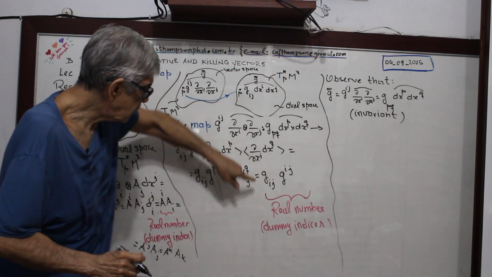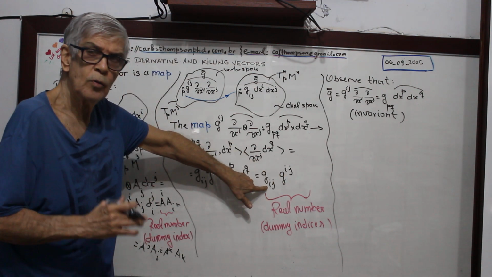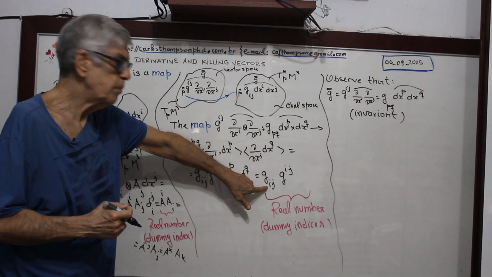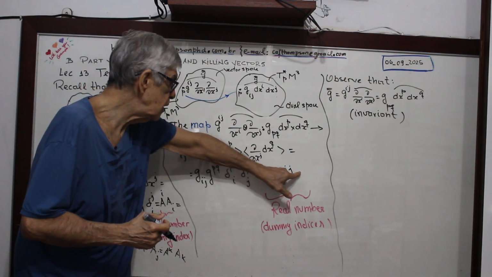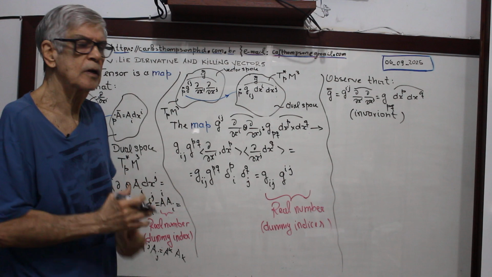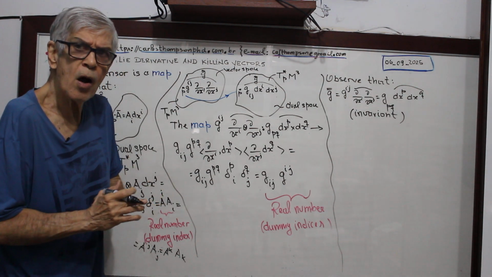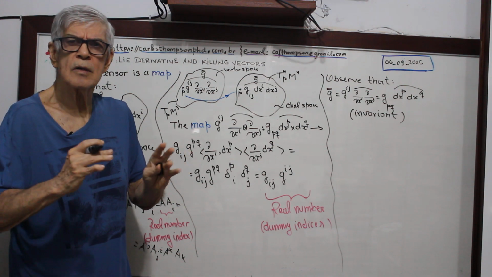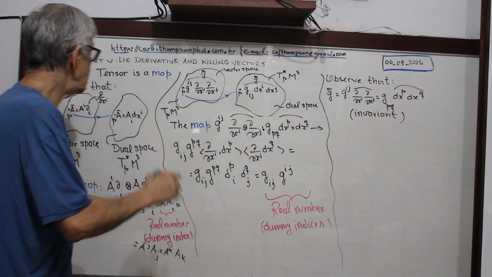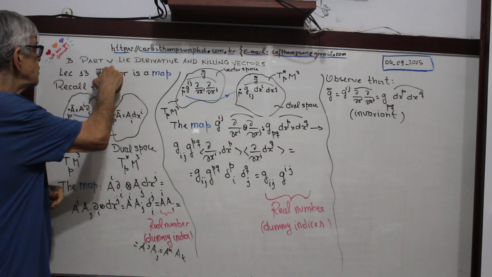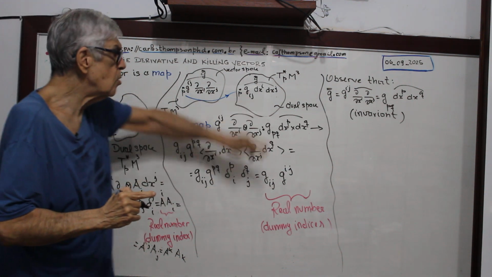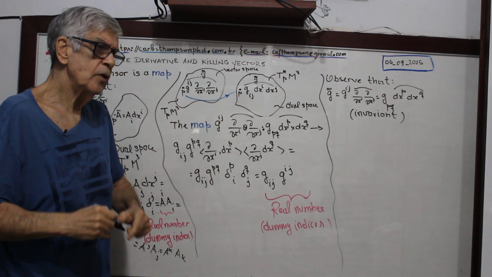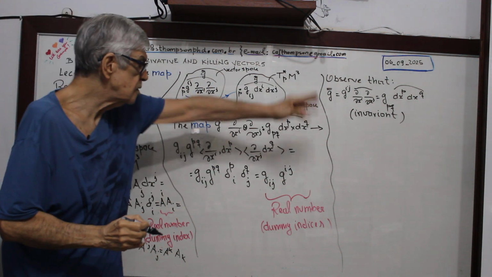So I obtain g_ij. This is lower index, a covariant component. This ij is the contravariant component. Exactly as we derived in, I think, part 1 or part 2. We are in part 5, but you can go there and recall all this derivation.